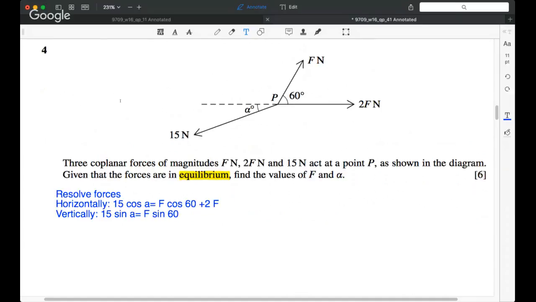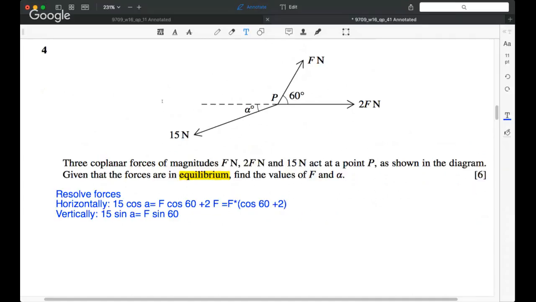And how to solve this as quickly as possible is by noting that on the right-hand side of both of these equations, there's a common factor of F. So F times cos 60 plus 2. And cos 60 is just a half, isn't it?